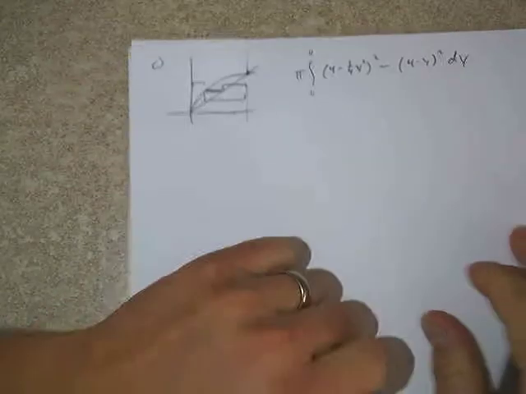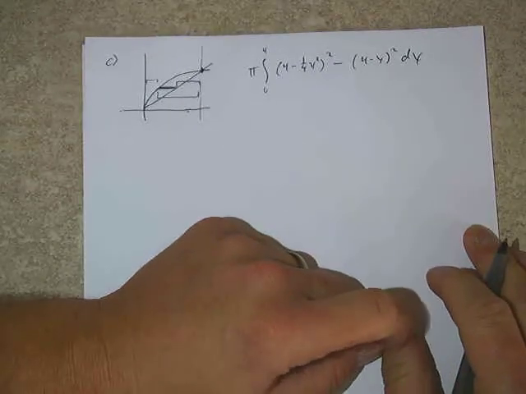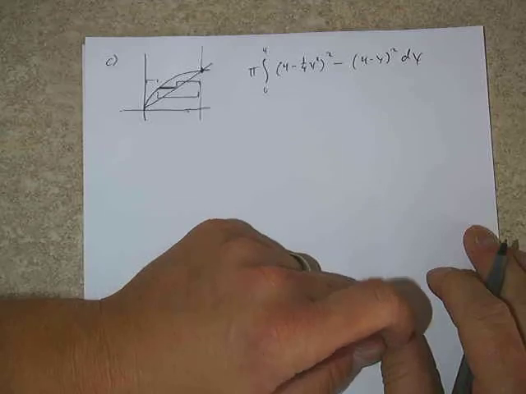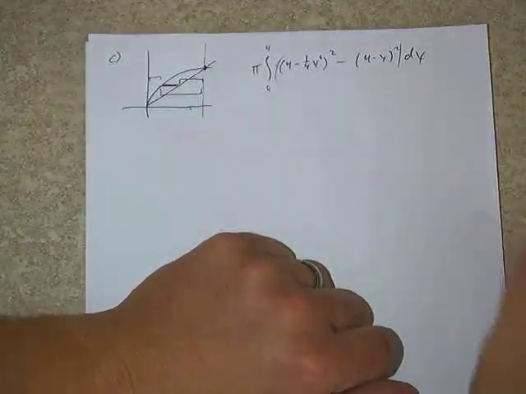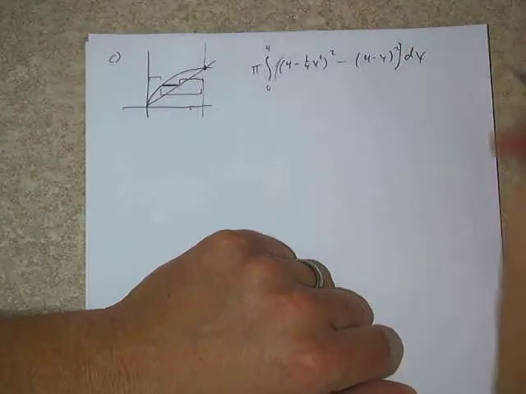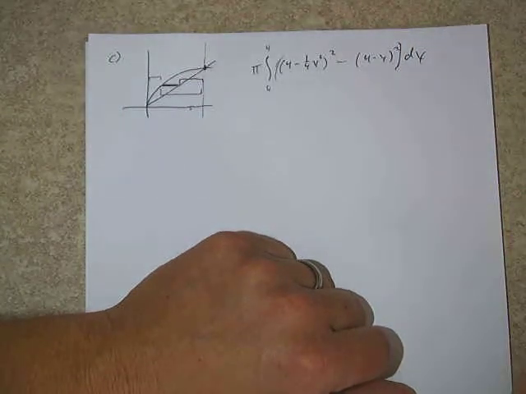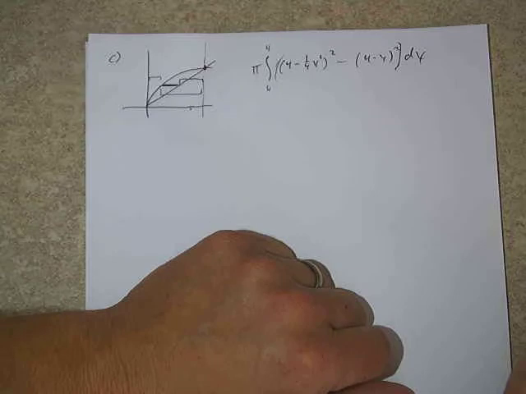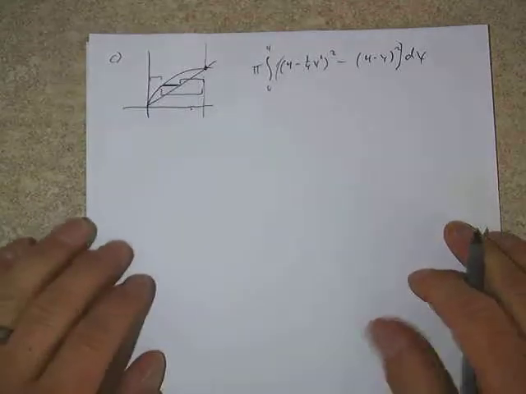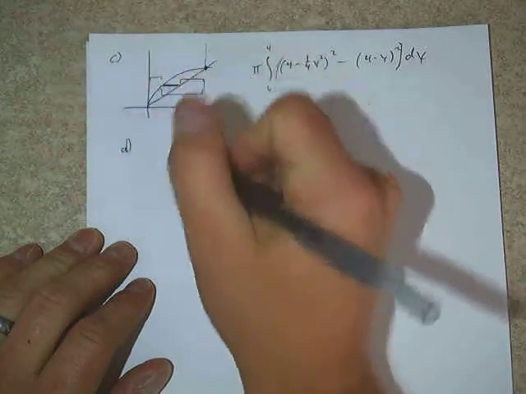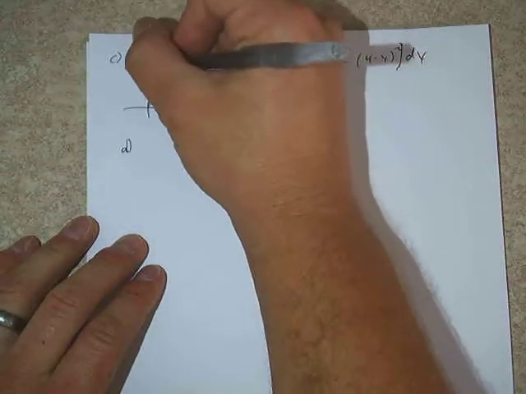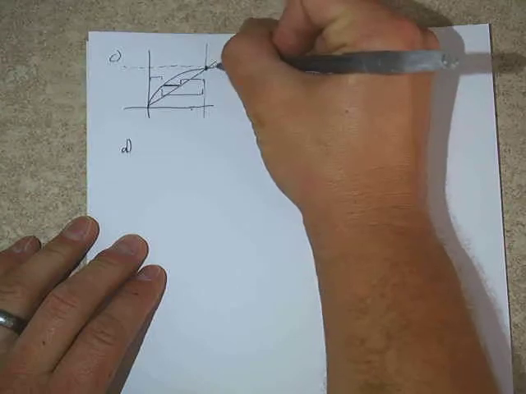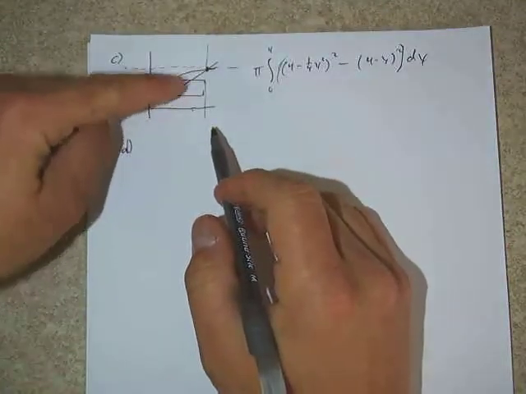So we'd have 4 minus a quarter y squared in that parentheses. That's the outside radius in this case. The inside radius is this, which we already said from here to here was y. So from here to here would be 4 minus y. So that would be my inside radius for this particular washer. And at that point, once again, it's a calculator problem. Questions on that washer setup?